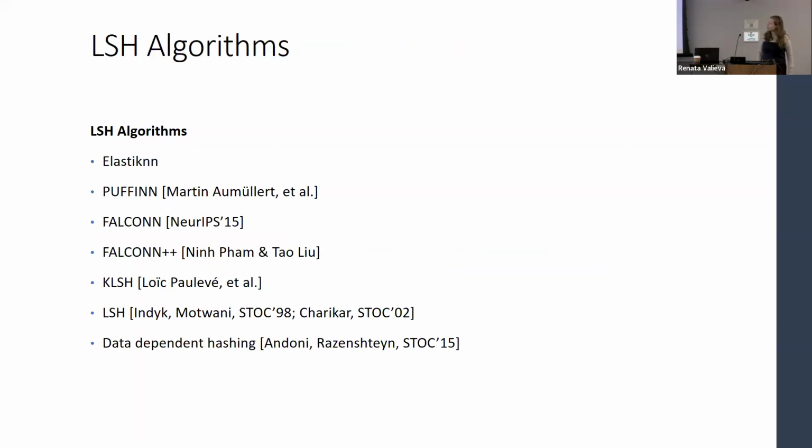There's a lot of LSH algorithms out in the world. Originally they were proposed by Indyk and Motwani in STOC 98 and Charikar in STOC 2002. And it's definitely a technique that is used in practical ANNS right now, although we'll see later that in a lot of cases, it doesn't actually perform that well.